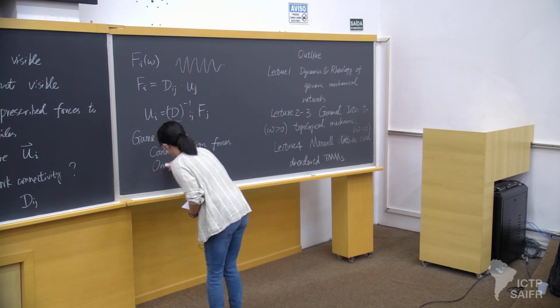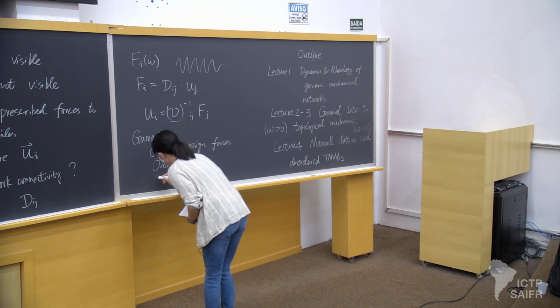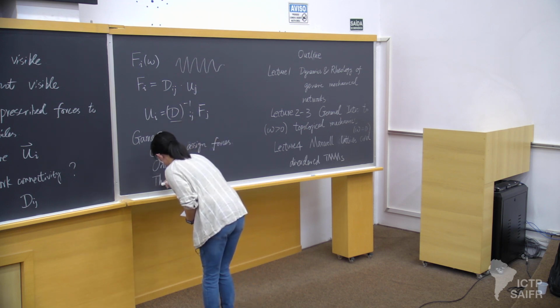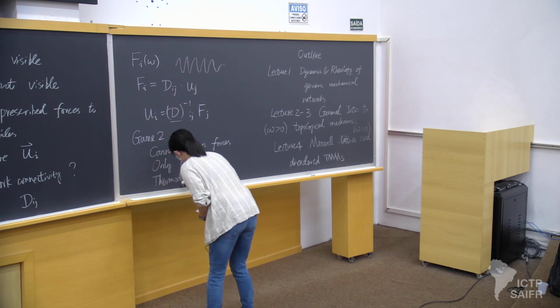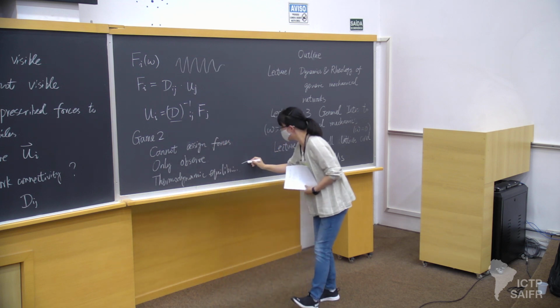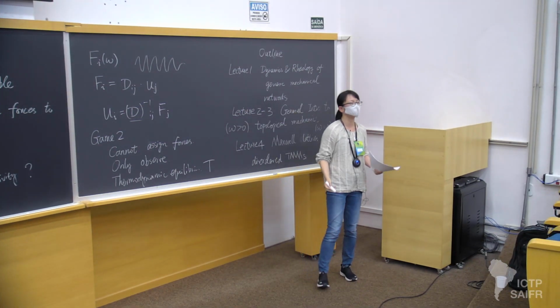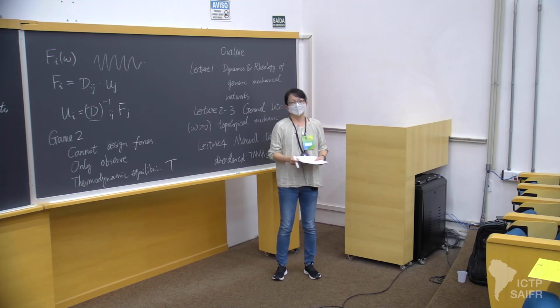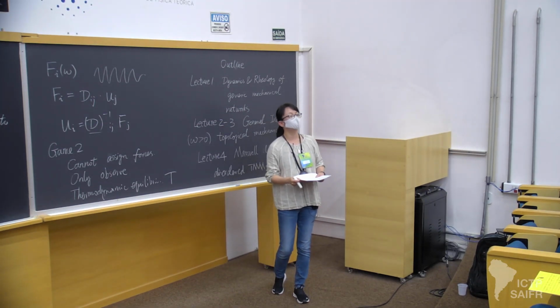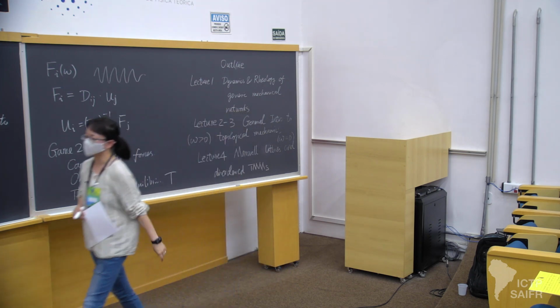I can only observe. But the system is in thermodynamic equilibrium. At temperature T, how do I figure out what are the interactions between the particles? With correlation functions, right? So what should be the form of the correlation functions? I will clean up some space over there.